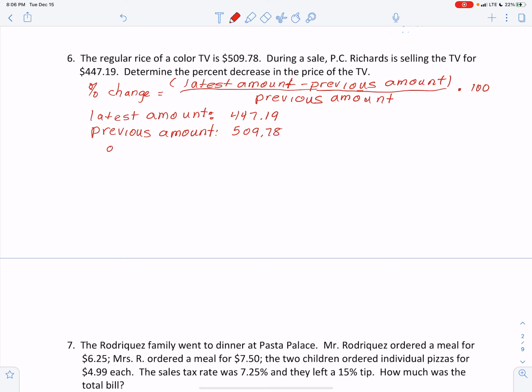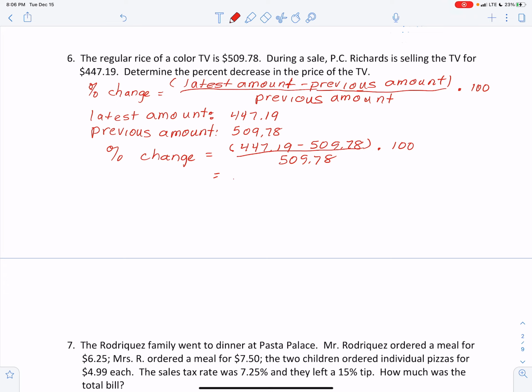So to find the percent change, we'll take that latest amount, the $447.19, minus the previous amount, $509.78, divided by that previous amount, $509.78. Now, that will give me a decimal, so I'm going to multiply it by 100 to get a percent.